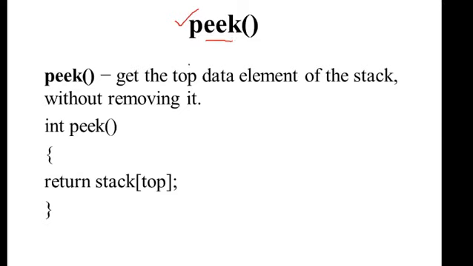It simply returns the top index value to show that the last element, or the top element of the stack, is at this particular index value at that time. So it is giving you the top data element without removing it. It will just print the element which is stored at the top index at that time.